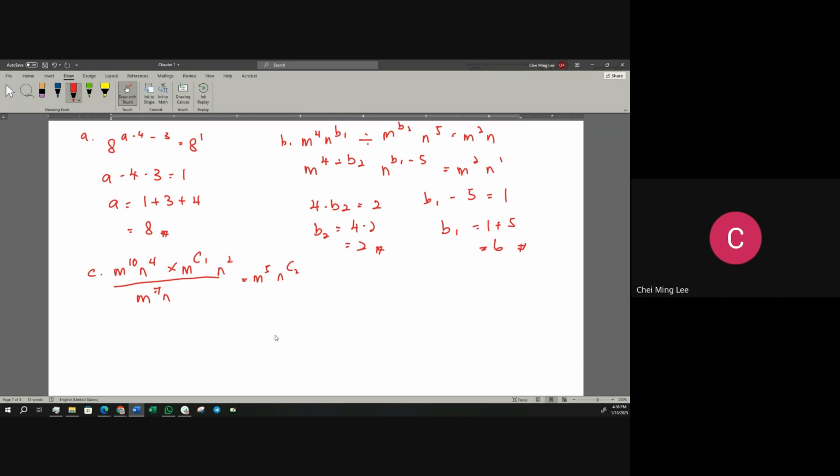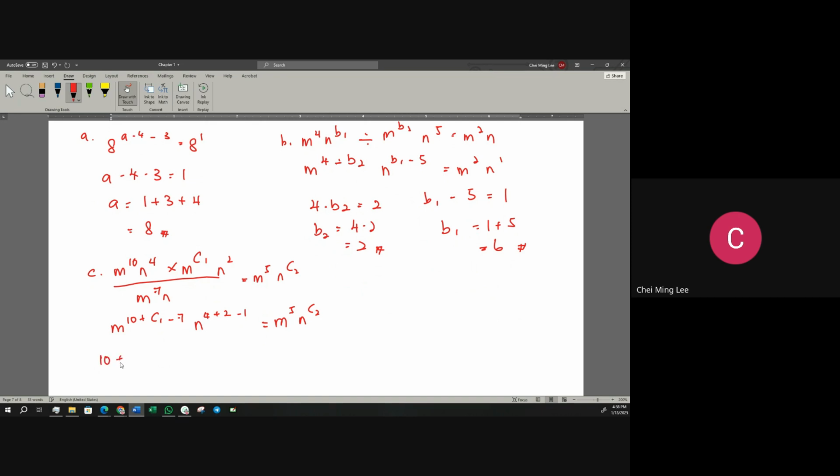All right, now this one we can simplify to m to the power of 10 plus C1 minus 7 and n to the power of 4 plus 2 minus 1 equals to m5 and n to the power of C2.